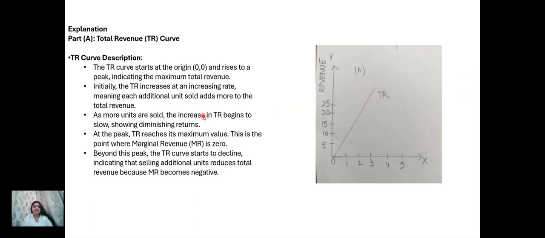In this graph, y is the revenue and x is the output, and this is the origin, 0, 0. You can see TR is increasing, showing that each additional unit sold adds more to the total revenue. This is the curve of total revenue.